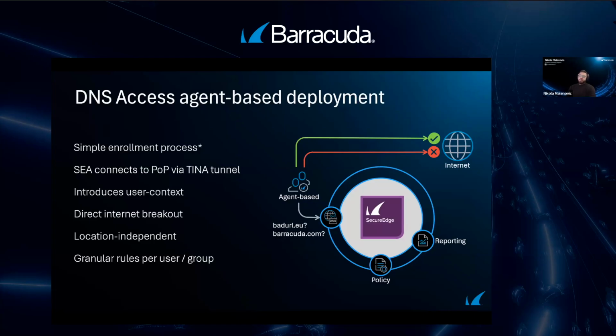Now, the first obvious advantage of this is that this kind of deployment introduces user context, and this allows you to define user and group-based policies and gives you full visibility in your DNS traffic. Like you can check who tried to access what at what time and so on.